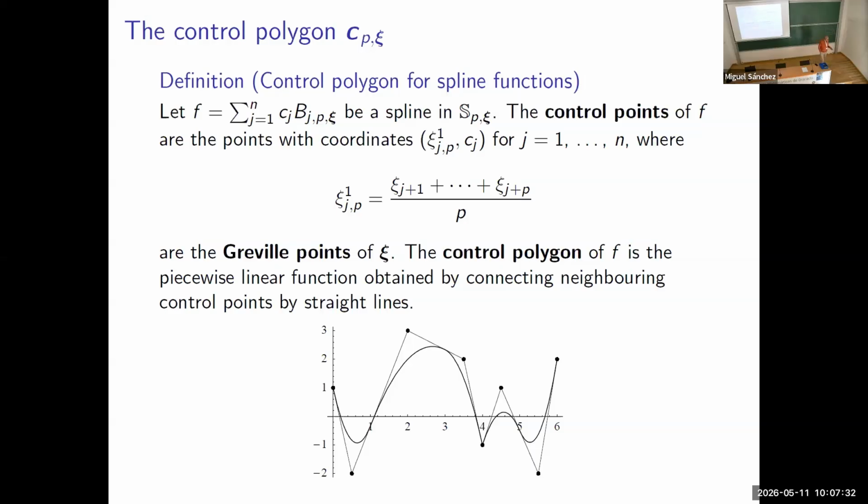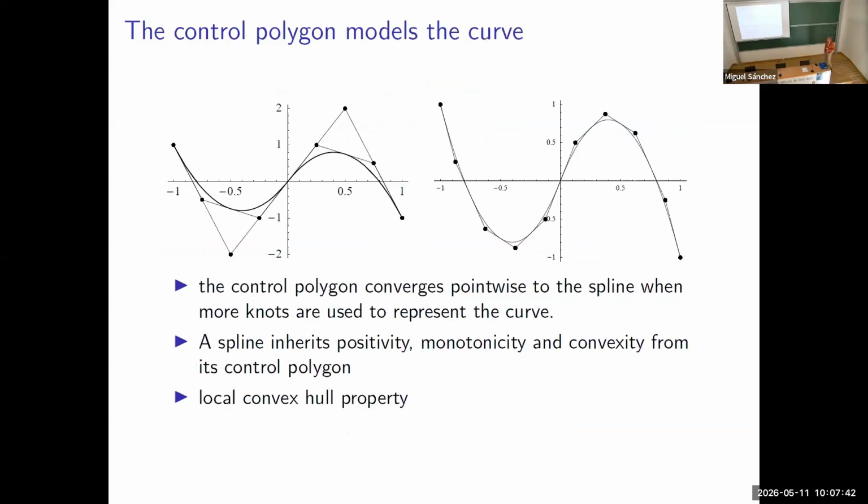Connecting those control points gives a piecewise linear function, known as the control polygon, and here's an example of that. One important thing is that in some sense it models the curve, because if you use more knots, as we come to in knot insertion, the control polygon gets closer and closer to the curve.